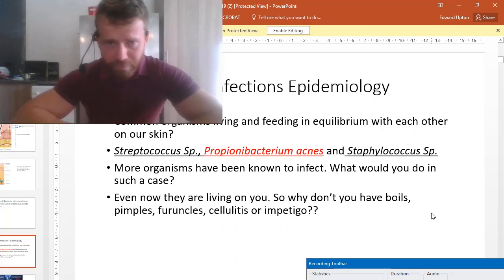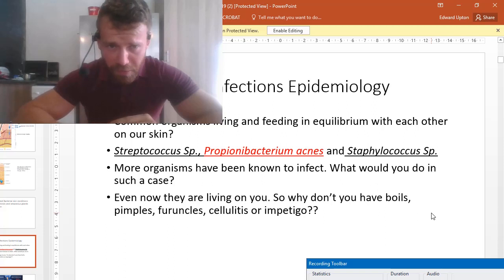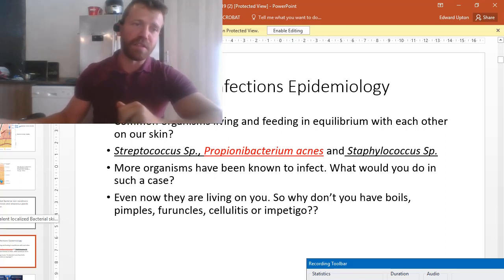So these three are basically living on our skin at all times. And at this moment, I don't have a skin lesion because of them. But some predisposition factors would actually cause the person to get a skin lesion or a lesion of sorts. And that's what we're going to go into now. So the skin infections that these three cause are all localized bacterial infections to a certain degree.